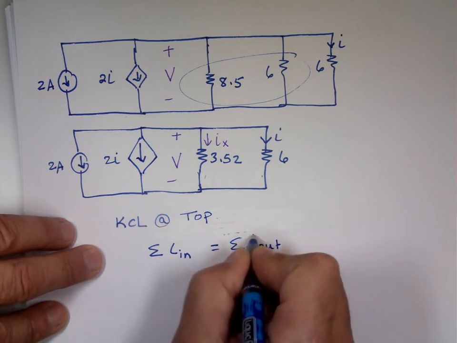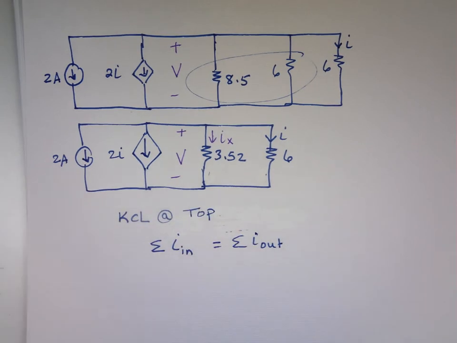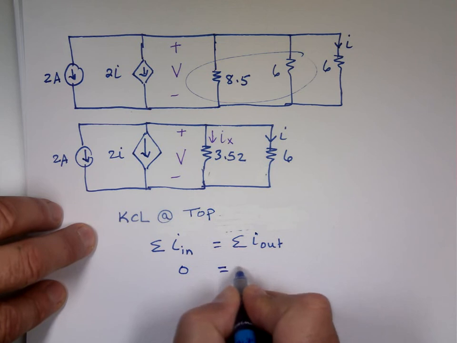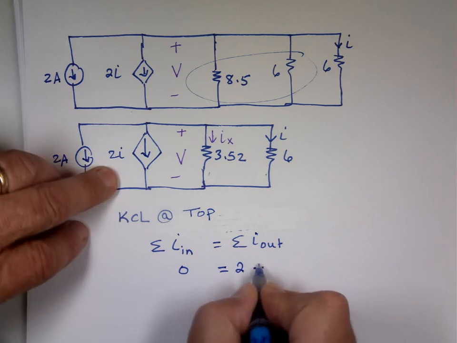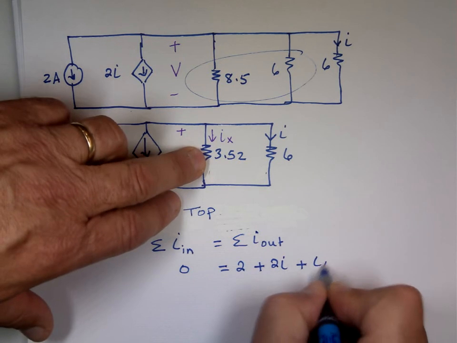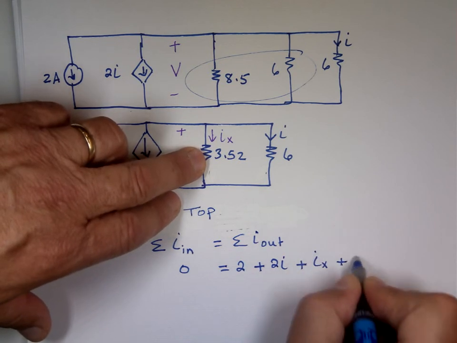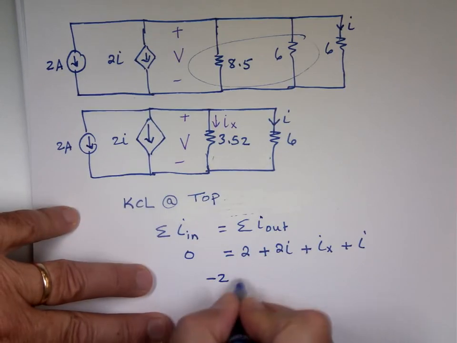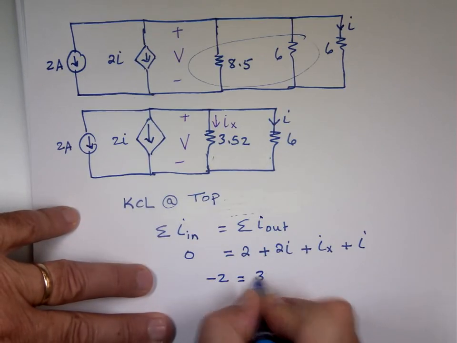You can say negative 2, but I'll just say 0 going to it. What's leaving? The 2I, I sub x, and I. So negative 2 equals what? 3I plus I sub x.